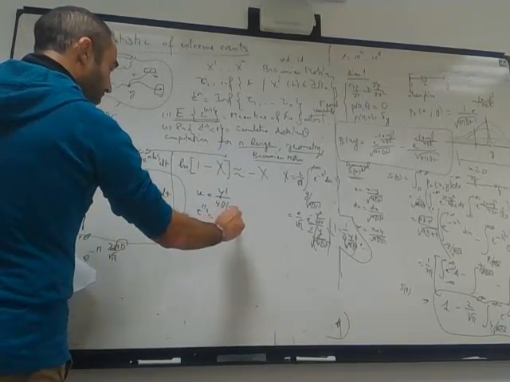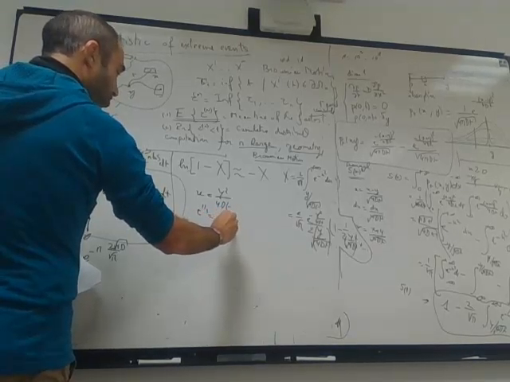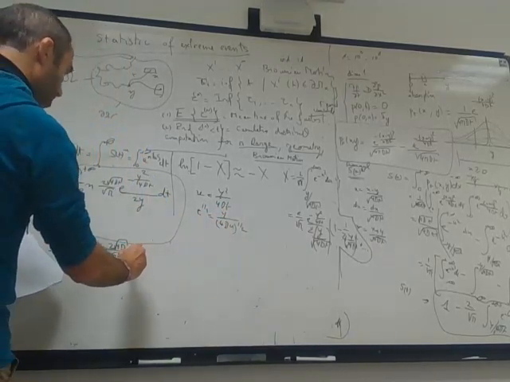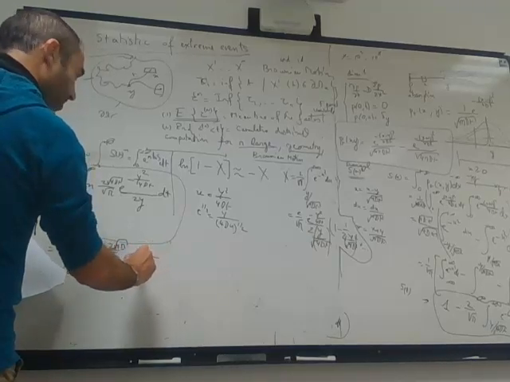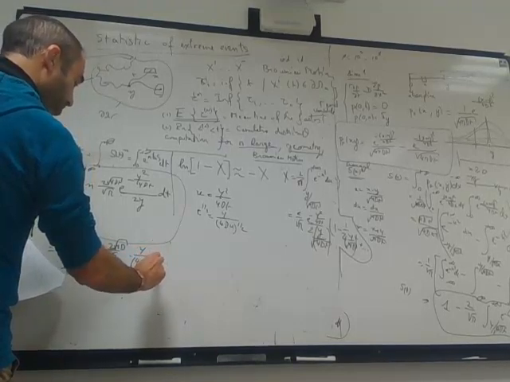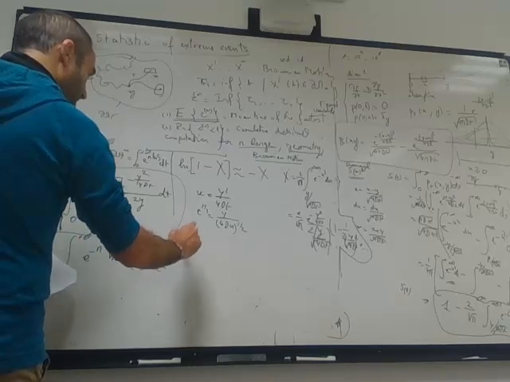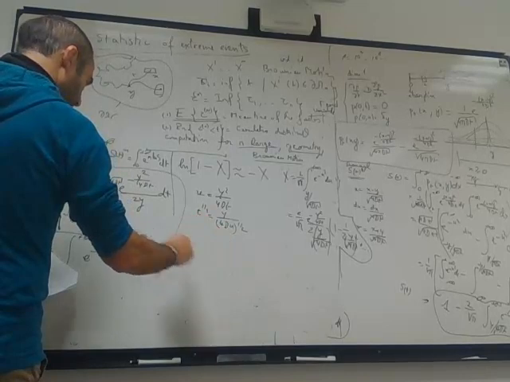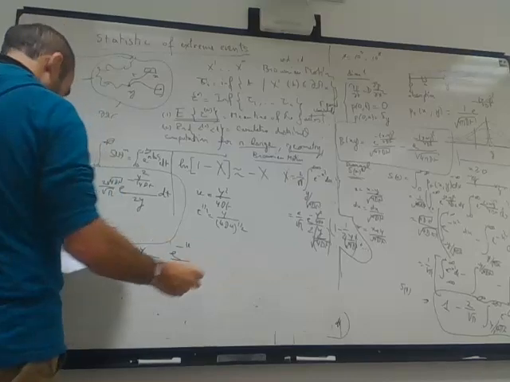It is y divided by 4d to the 1/2, u to the 1/2, exponential minus u divided by 2y, and then we have to say what is dt.